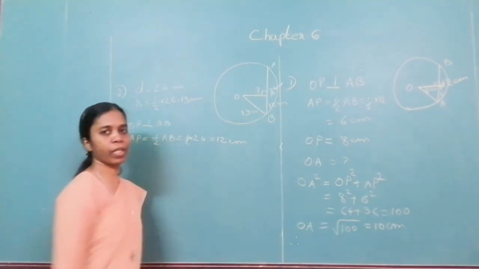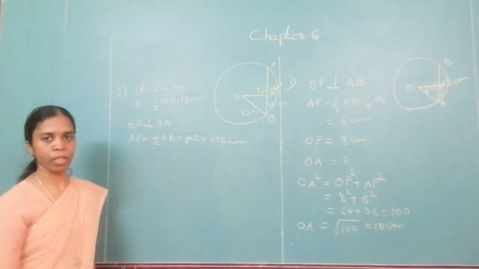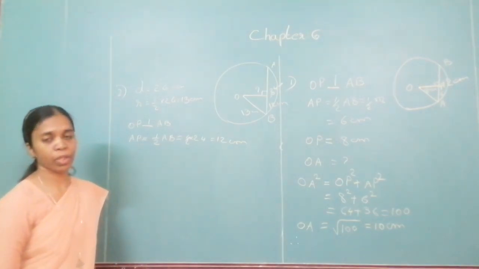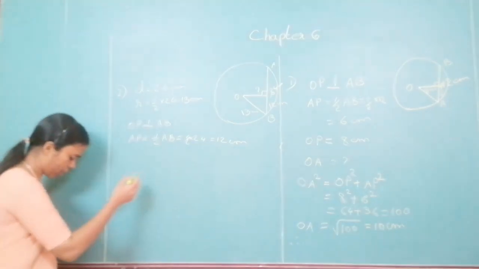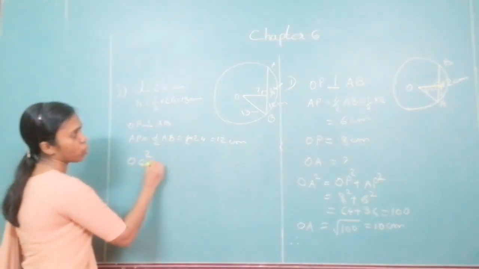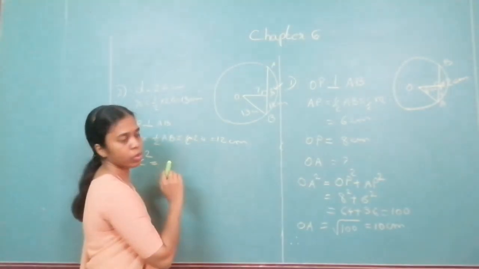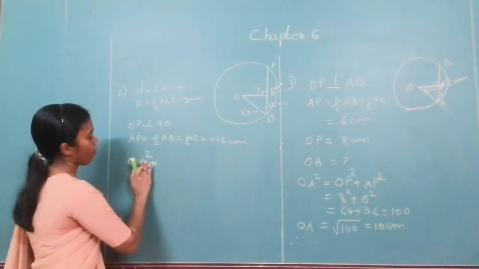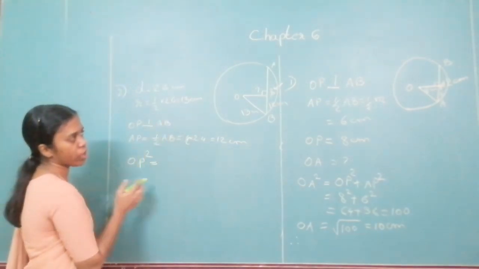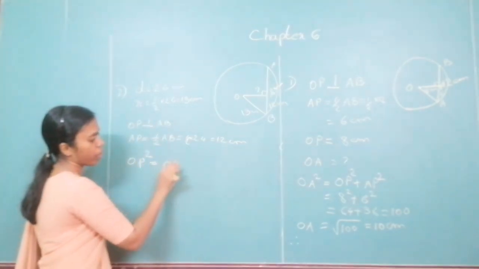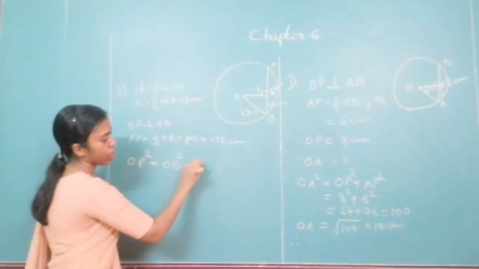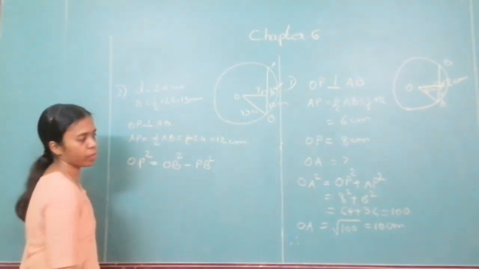What are you supposed to find out? OP, the distance. Again using the hypotenuse side, the Pythagoras theorem, we get that OB square is equal to OP square plus PB square. This is what we have to find out, OP. So OP square is equal to, hypotenuse is OB, so OB square minus PB square.